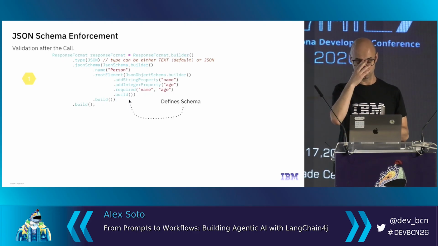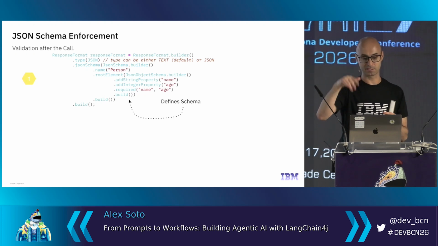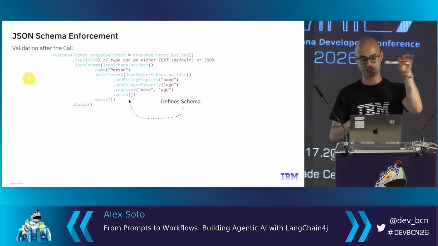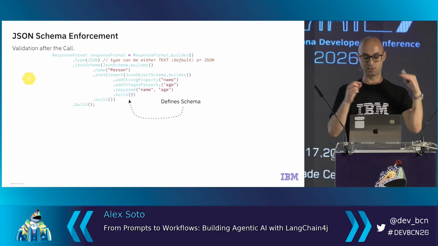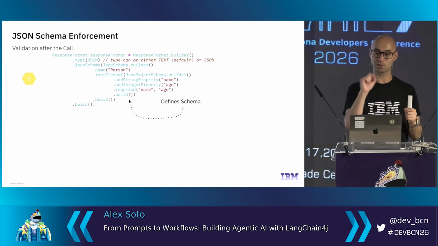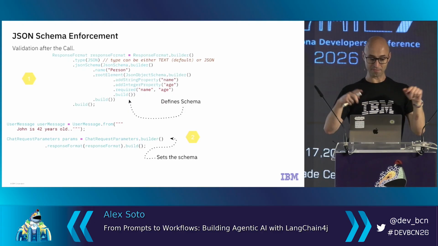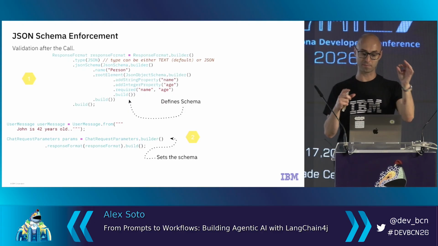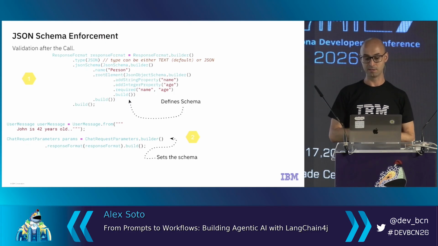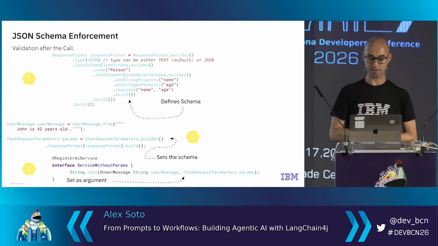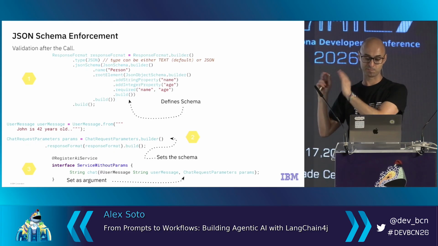Then you can use JSON schema enforcement. You can create a JSON schema programmatically, right? In this case, you say there is a root element, a JSON schema with name and age, both required, and so on. So you define the whole schema. Then you have the user message, and you create chat request parameters where you set, as you can see here, the schema. This instance goes inside the params, and then you call chat with the user message and the chat request parameters.